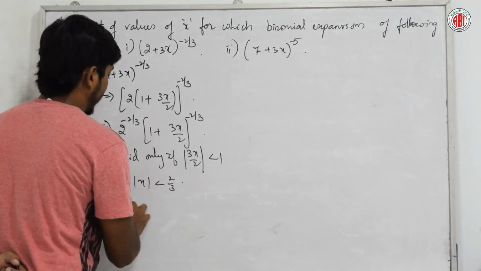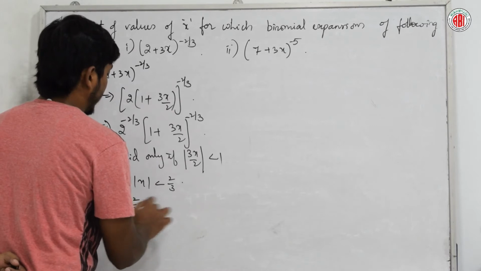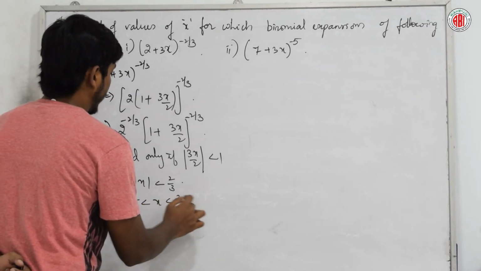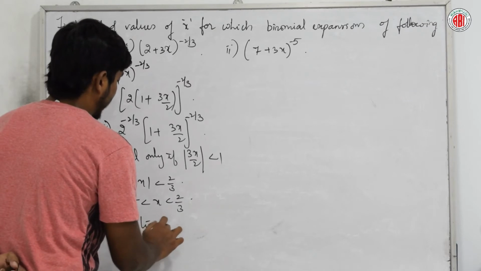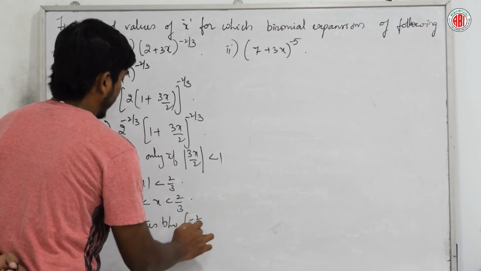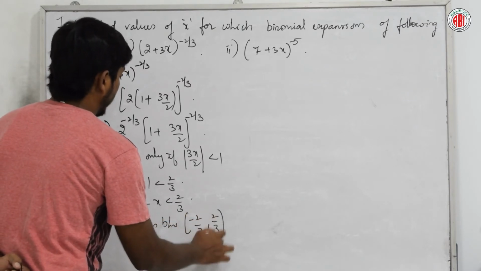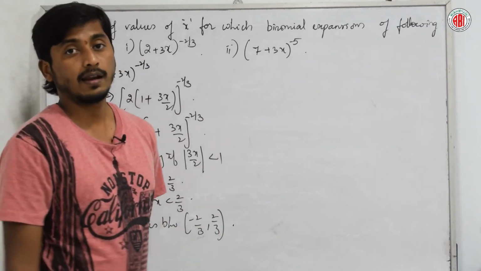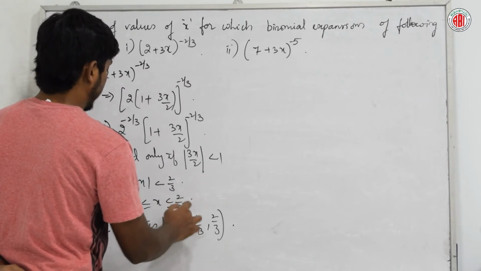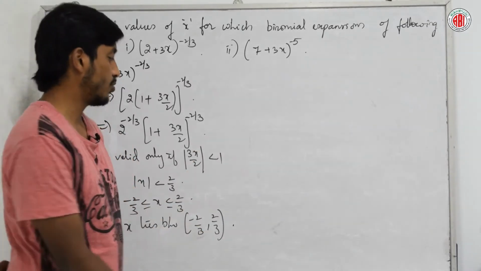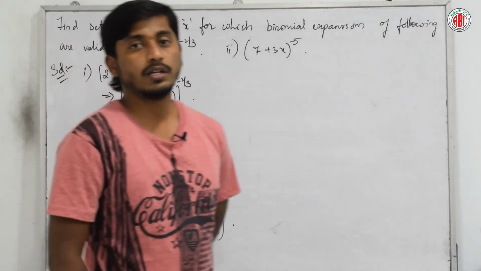So it clearly tells that minus 2 by 3 is less than x less than 2 by 3. So clearly x lies between minus 2 by 3 to 2 by 3. Clear?